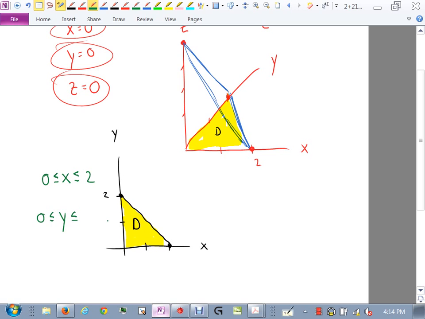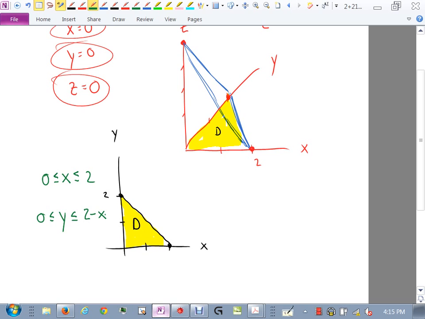How would you get it without looking? Where did this line come from? Where that plane hits. You would take the plane equation and let z be 0. But I can just tell by looking, the slope is -1 and the y-intercept is 2, so 2 minus x, or negative x plus 2. Doesn't matter how you write it.